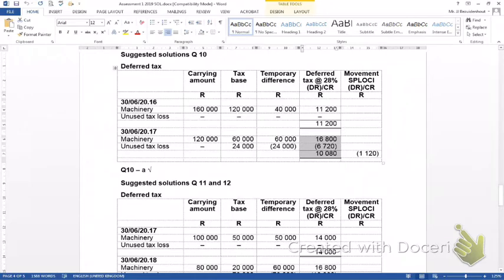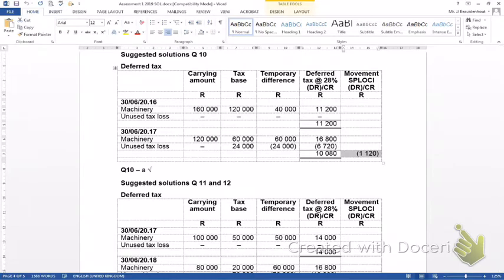So therefore, our movement is only the difference between the 11,200 and the 10,080, which is 1,120 debit. Remember, that was a credit balance. We want to move from a credit balance to a smaller credit balance, and that is why the 1,120 is a debit.